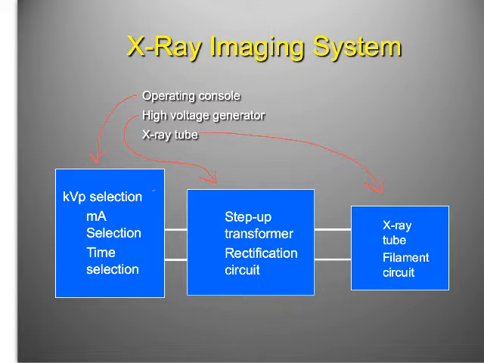That's also a safety consideration. I want these X-rays to be of sufficient energy to produce diagnostic quality images, right? Then finally, within the X-ray tube, we have a step-down transformer for that filament circuit. And that step-down transformer, again, makes sure that I'm not going to blow the X-ray tube out, right?